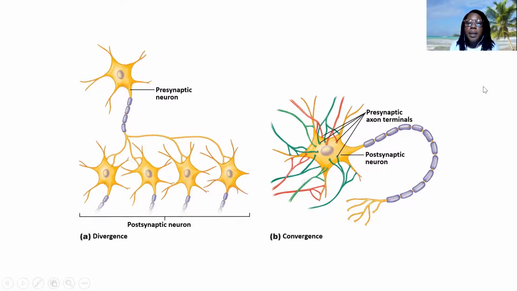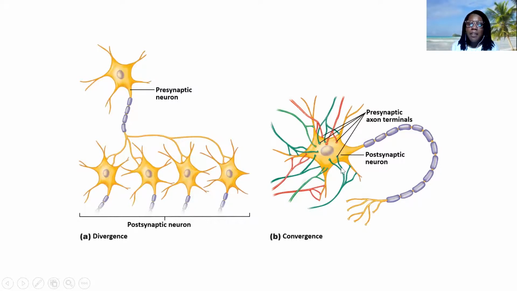And we could think about the opposite type of coordination. Convergence is many different neurons synapsing onto one soma, one cell body. So we have many presynaptic neurons and one postsynaptic neuron.